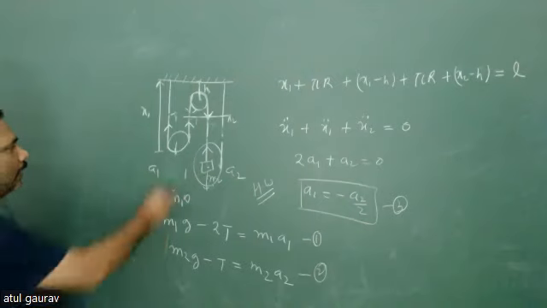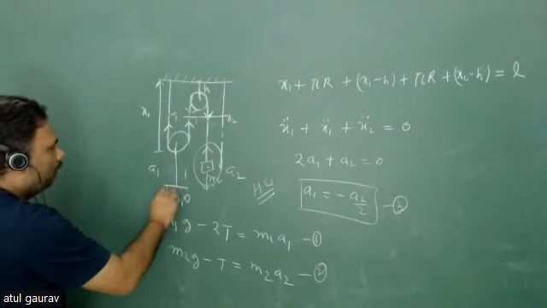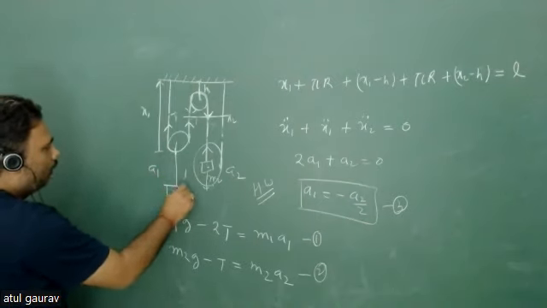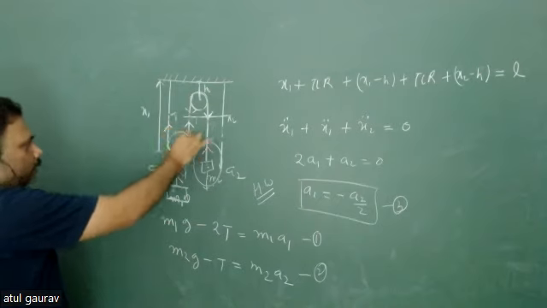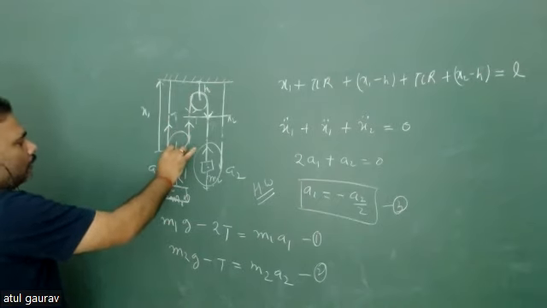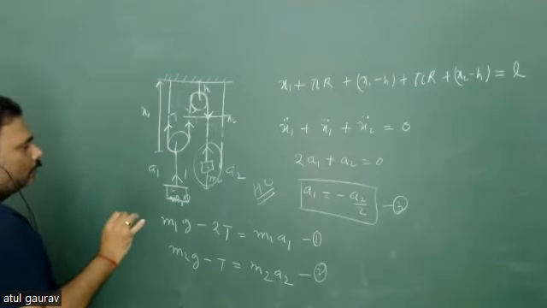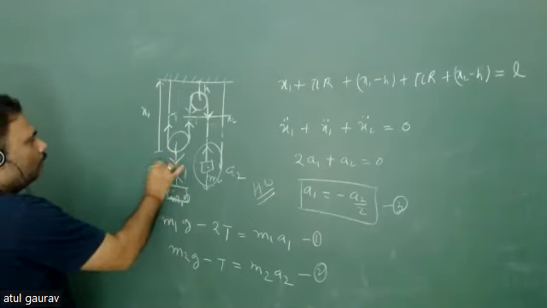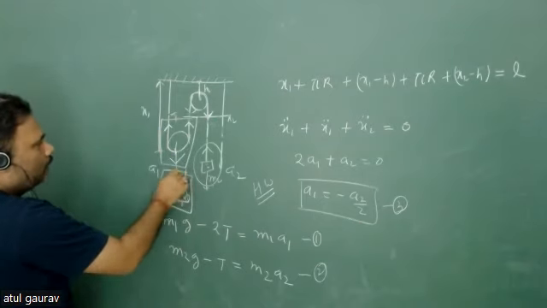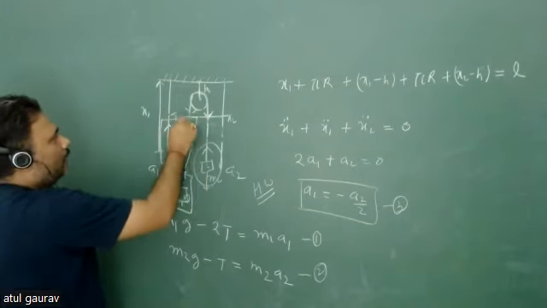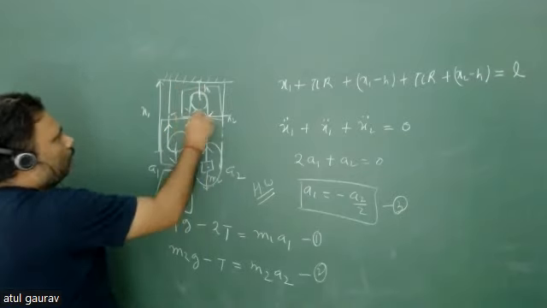Suppose this type of thing is given. For this mass, will the tension be upward or downward? Upward. For this pulley, will the tension be upward or downward? Downward. Now, this is for this particular pulley, this is for this particular mass, this is here, and this is for this particular pulley.